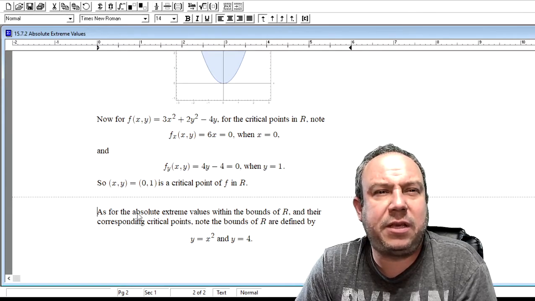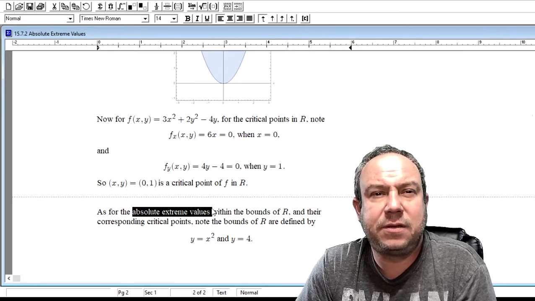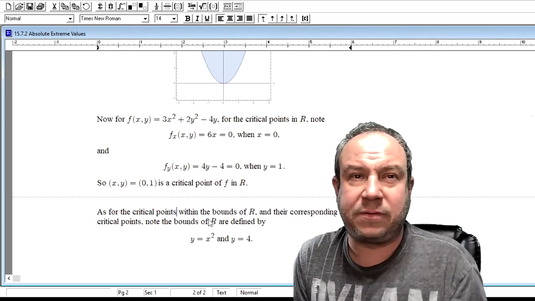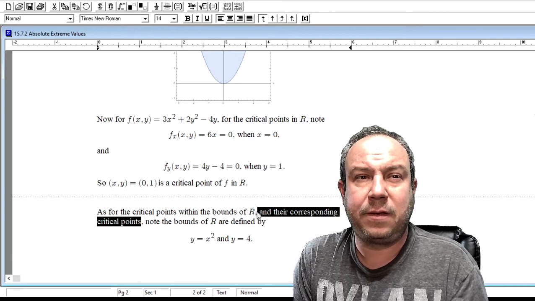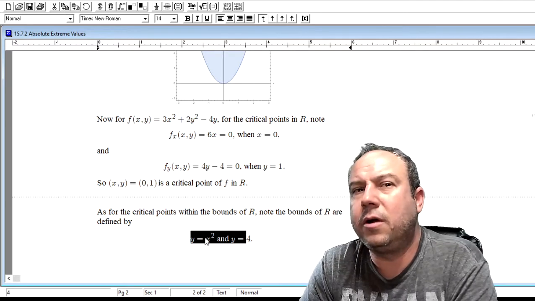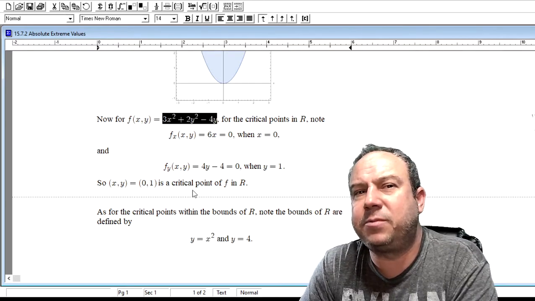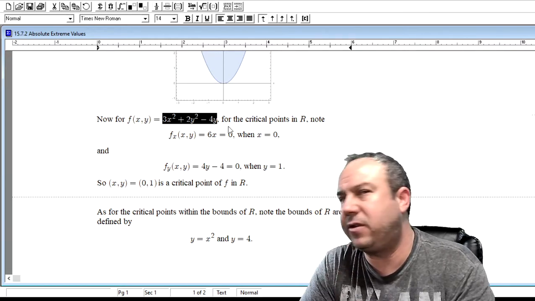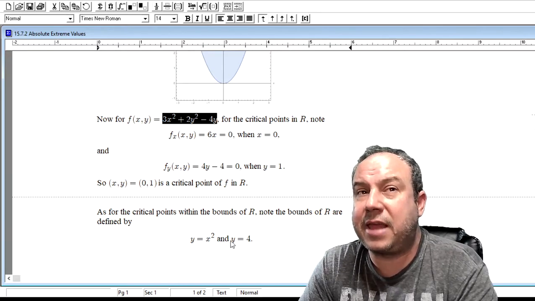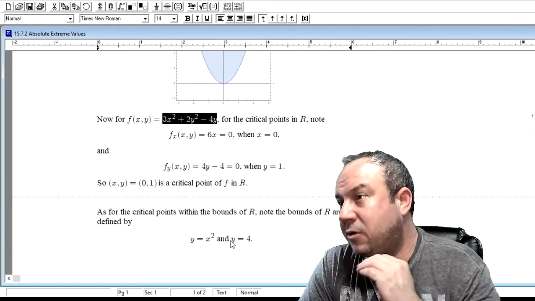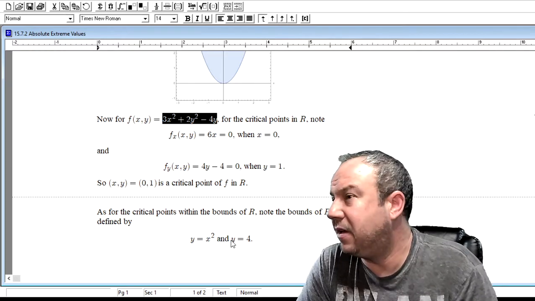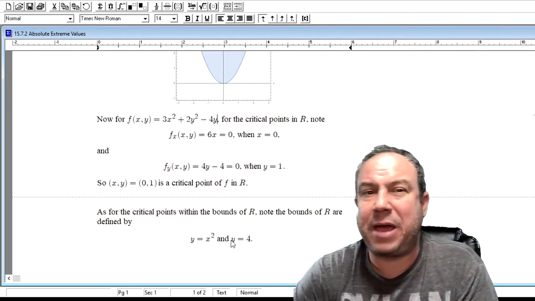As for the critical points within the bounds of R, note the bounds of R are defined by these bounds, y equals x squared and y equals 4. If we go up to this equation here and substitute in x squared for y, we will get our description of f in terms of just x along that bound. And if we substitute in y equal to 4, we'll get that description of that bound in terms of strictly x. And we can analyze the first derivatives of f for the critical points along those bounds.